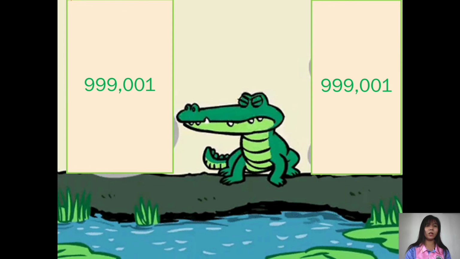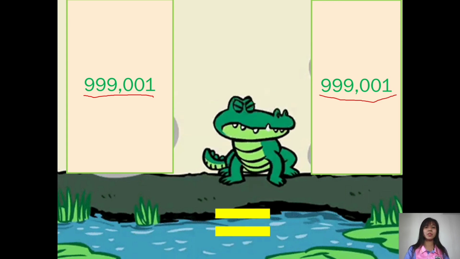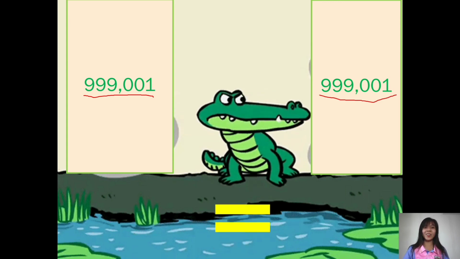Another example. As you can see here, we have the same exact number. All digits here are exactly the same: 999,001. This time, you are not going to use smaller than or greater than. If it's the same number, you're going to use equal.